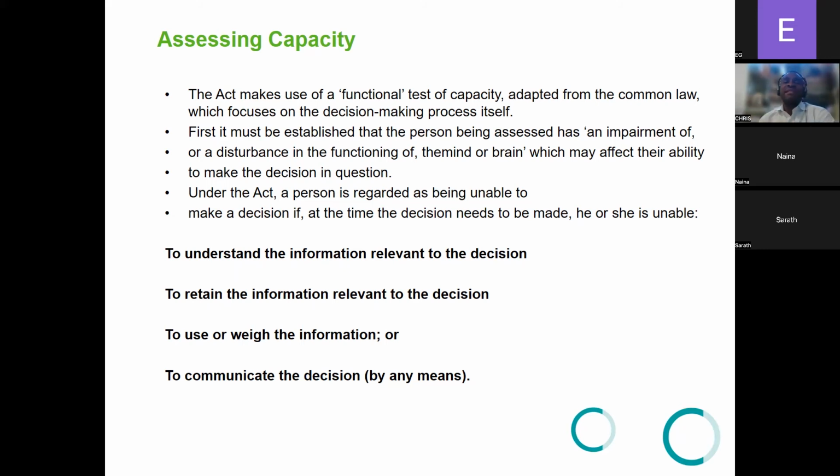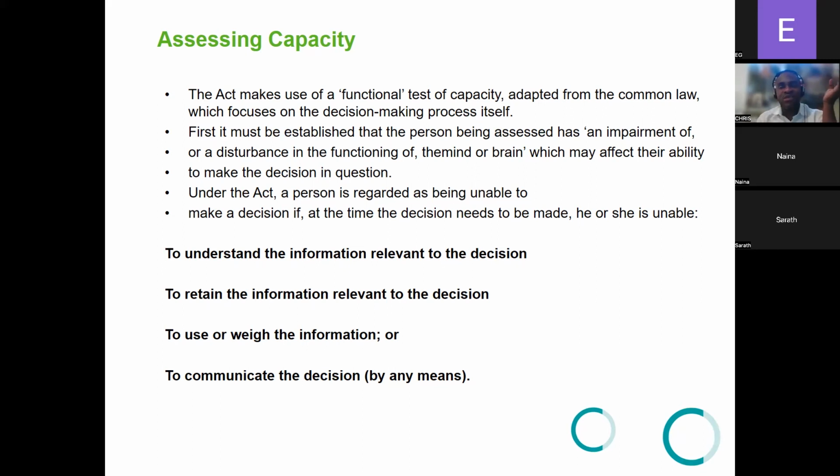So the next thing is that under the Mental Capacity Act, a person is regarded as being unable to make a decision if at the time the decision needs to be made, he or she is unable to do one of four things. One, the person is unable to understand the information that is relevant to the decision that will be taken on their behalf.